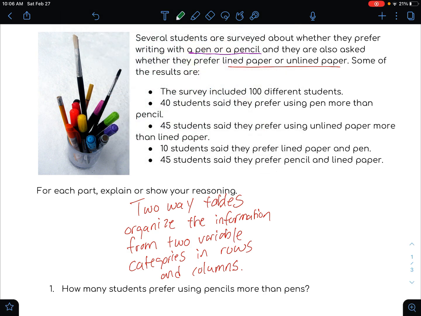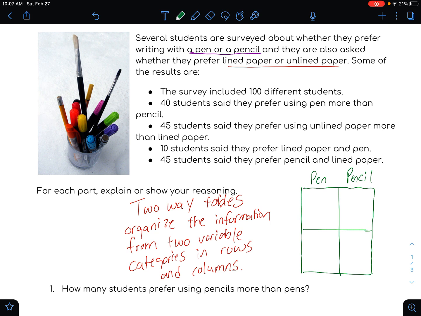Let's go ahead and separate these out. Let's make a nice little rectangle. Again, I'm going to divide it into 4 spots here because one variable was related to the type of utensil that they like to write with. So maybe we can choose the top for that, and they either are going to write with pen or with pencil.